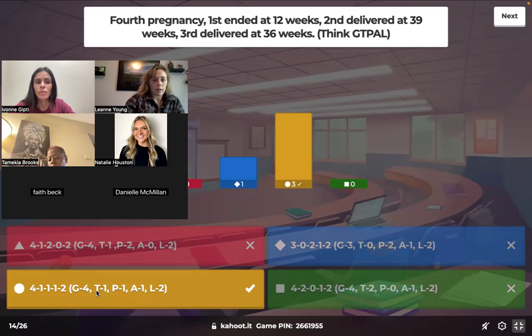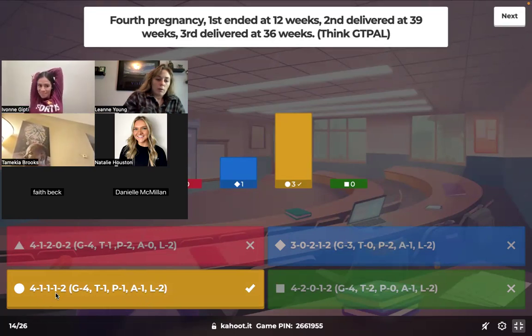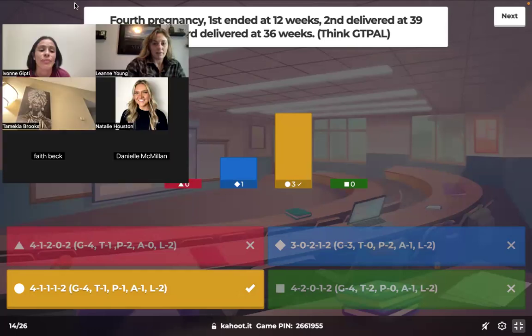That can be a little bit tricky. Abortion would be 1 because that was her 12-week miscarriage. And then her living would be 2 because she currently has 2 living children. So then you have the 4-1-1-1-2. That is how you would do it with it all completely broken out like that.